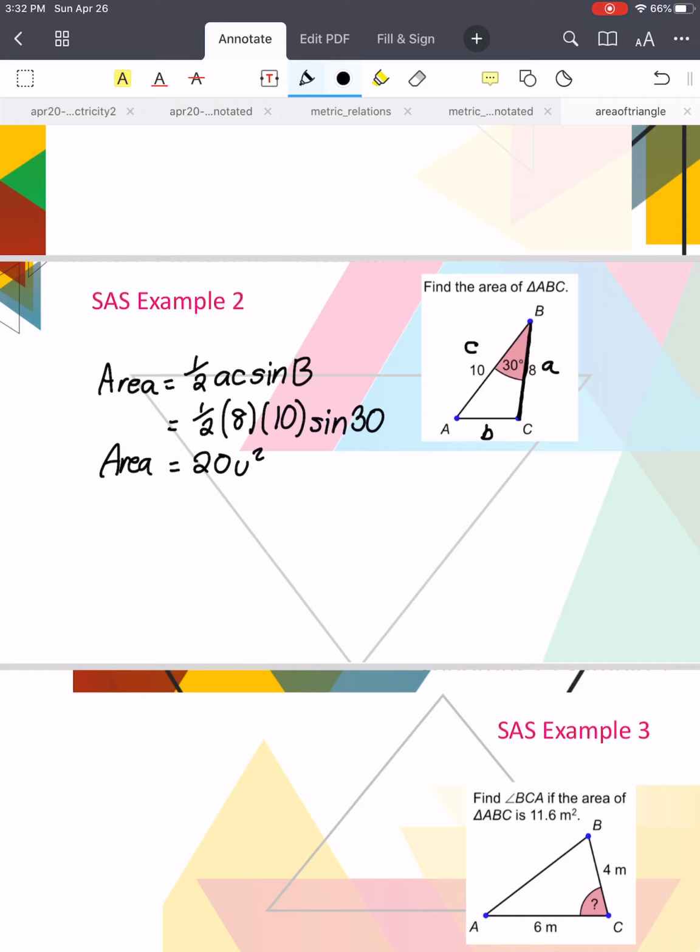If it was marked like that, then we'd be able to use 8 as the height, but it's not labeled as that. It doesn't quite look like a 90-degree angle, and even if it did, we can't assume that it is. You don't have the base in this case anyway, so be careful with trying to use 1/2 base times height where you don't know your base or your height for sure.